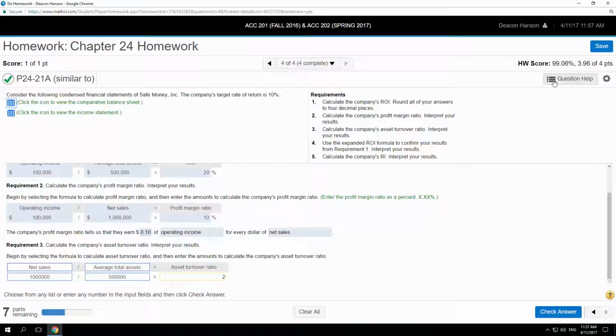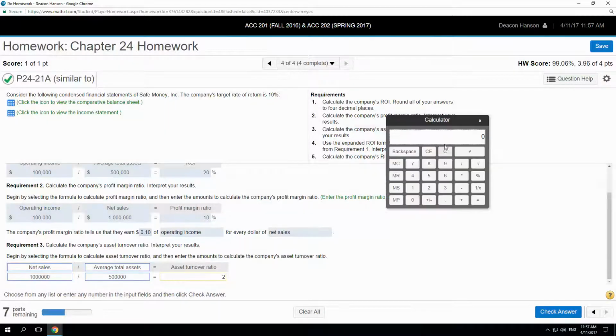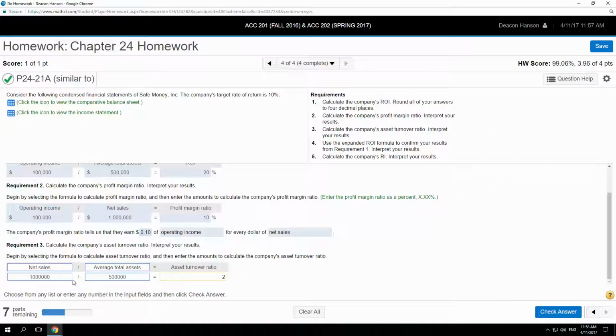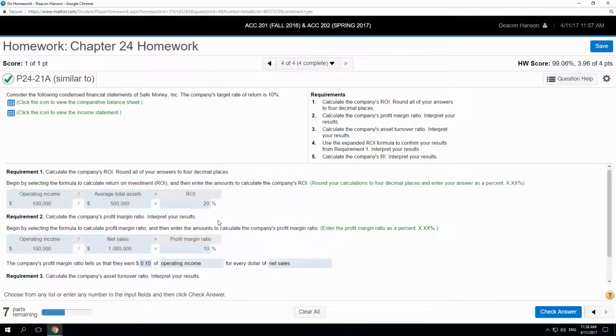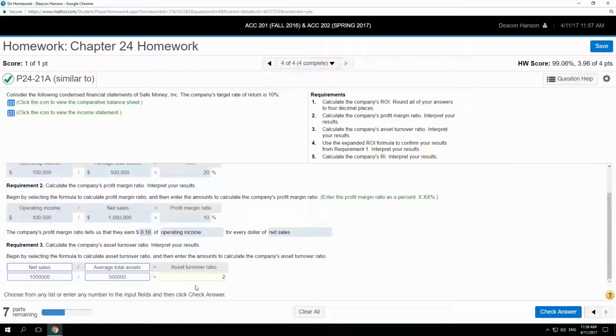Make sure we got the right numbers we're putting in. Net sales 1 million. Average total assets 500,000. Okay.